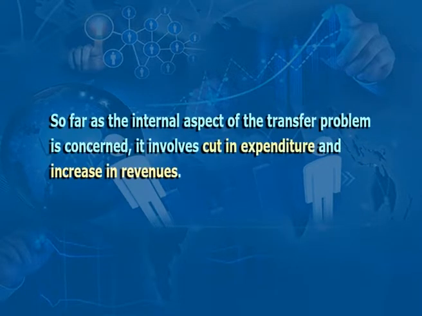So far as the internal aspect of the transfer problem is concerned, it involves cut in the expenditure and increase in revenues. If the reduction in public expenditures and increase in revenues are not carried out through budgetary policies, inflation results, which makes it difficult to repay the debt.